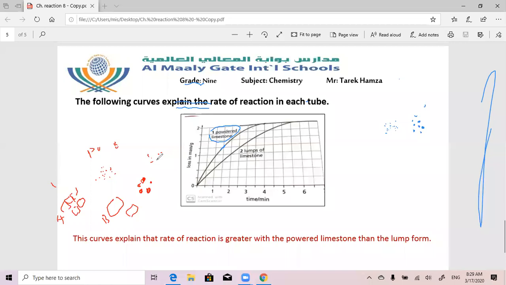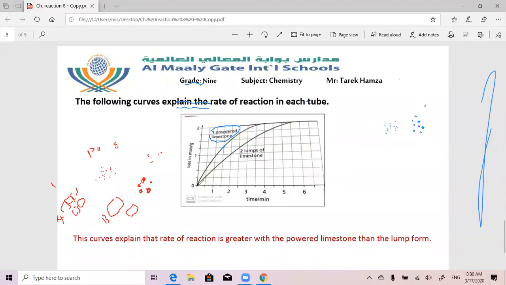Omar, ask your question. Explain the drawing, or the experiment? The drawing only, I understand the experiment. Okay, listen to me carefully. The first curve, number 1, is powdered calcium carbonate.